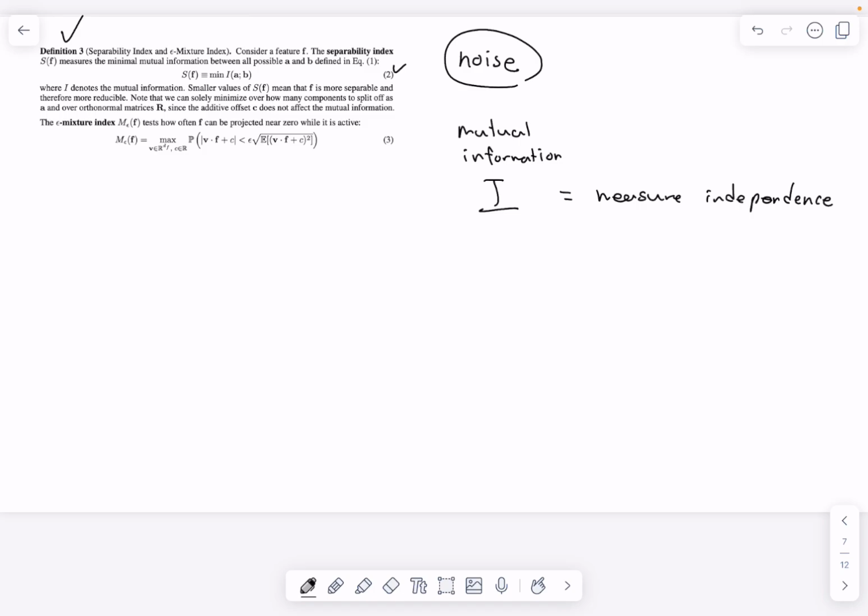Strictly speaking, for the subspaces to be independent, this value should be 0, but they relax this condition to accept values close to 0.